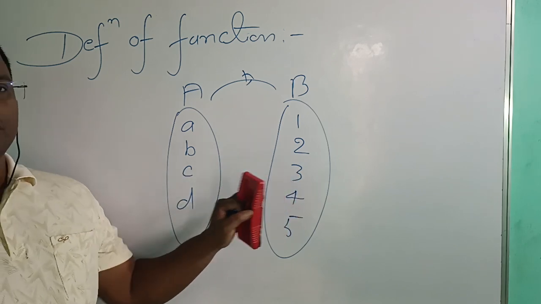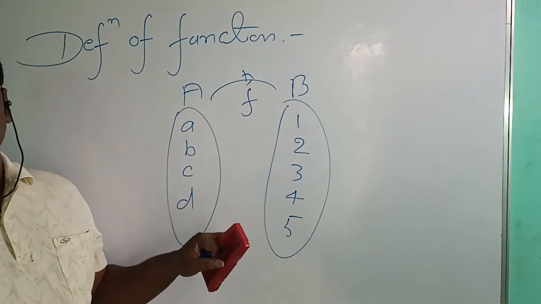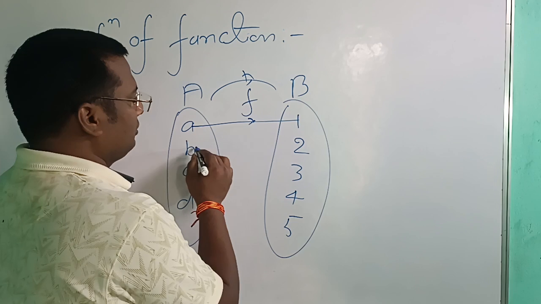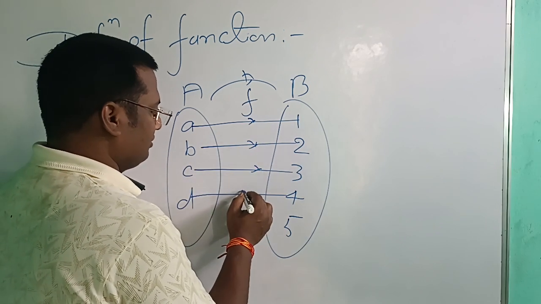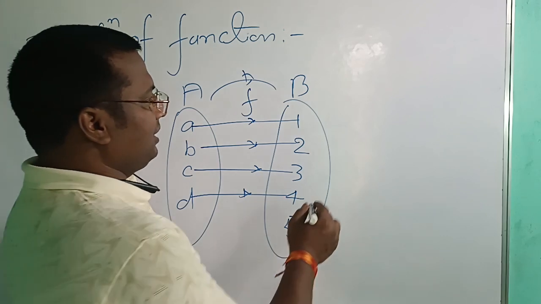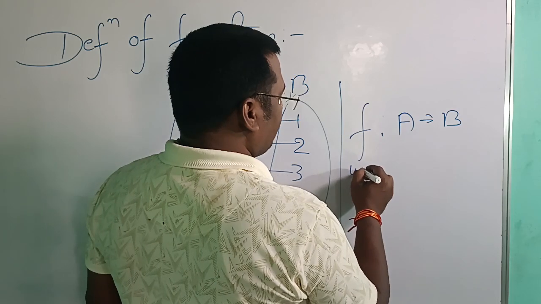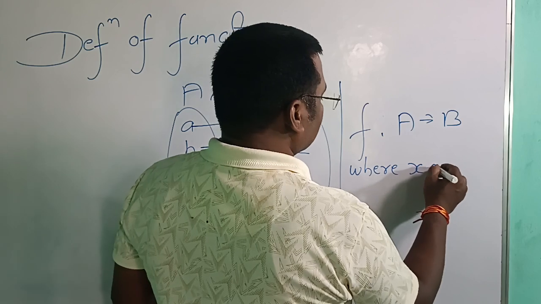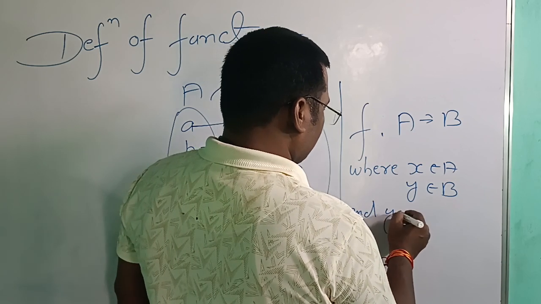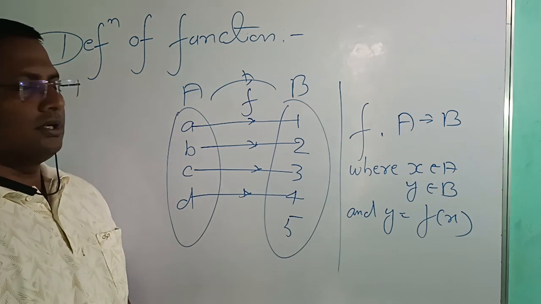Here A and B are two non-empty sets, and f is a rule, manner or correspondence which associates each element of set A with a unique element in set B. Then we say that f is a function from A to B. Mathematically it is written as f: A to B, where x belongs to A, y belongs to B, and y = f(x). So this is the definition of a function.